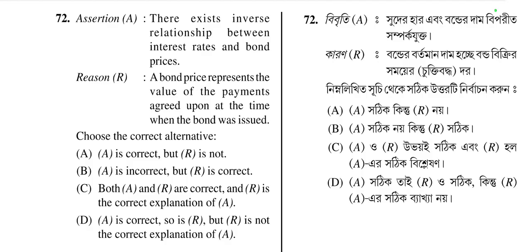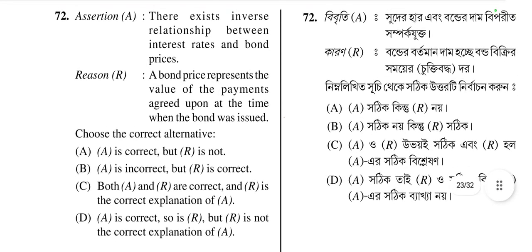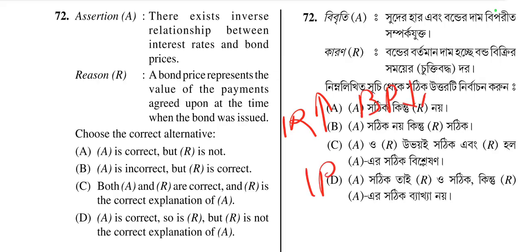When interest rate rises, new bonds are issued at these higher rates, making existing bonds with lower rates less attractive, which reduces their market price. Conversely, when interest rate falls, existing bonds with higher rates become more attractive, increasing their prices. So this is the inverse relation between interest rate and bond price.